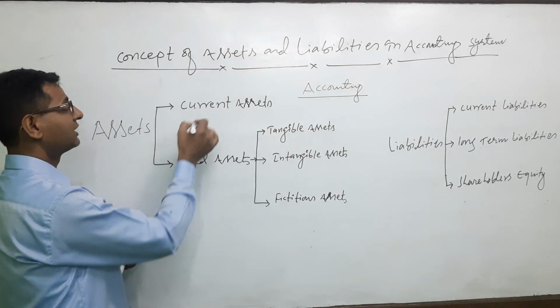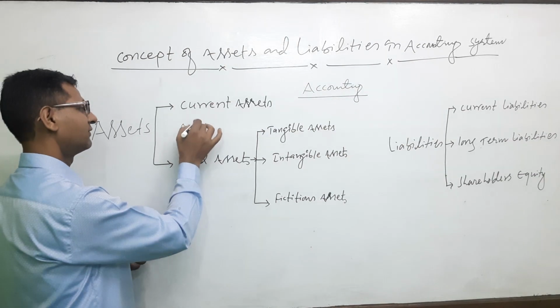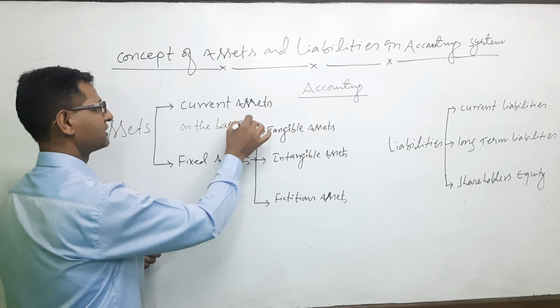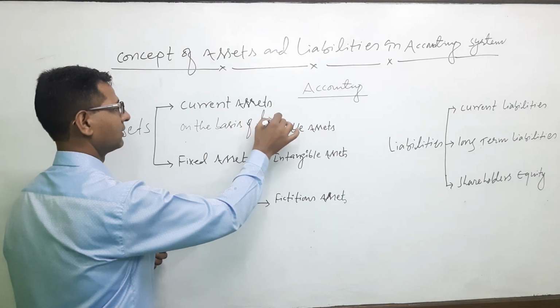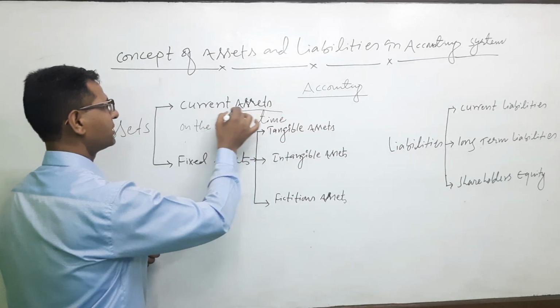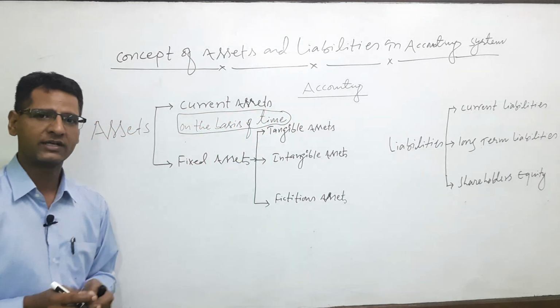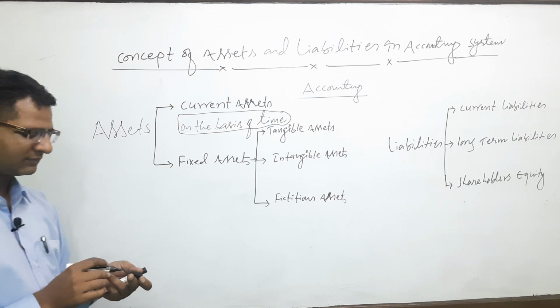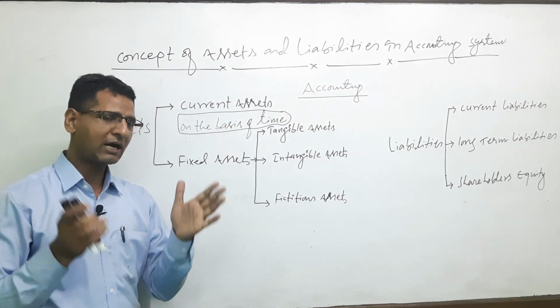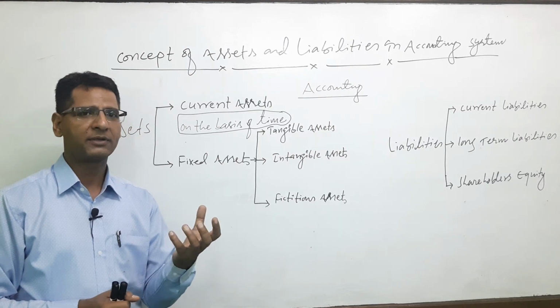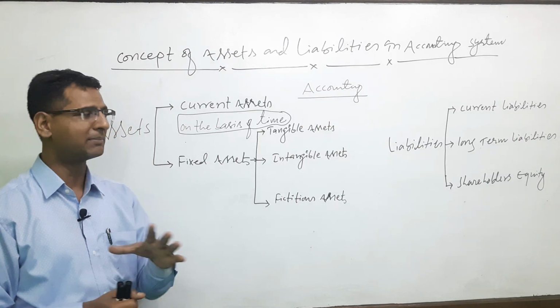How can we differentiate on the basis of time? Basically, the accounting concept tells us that there is an accounting period of 1 year, of 12 months.